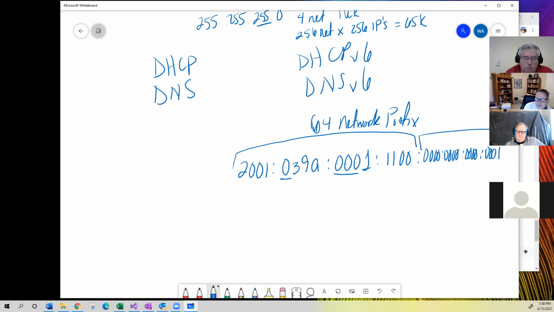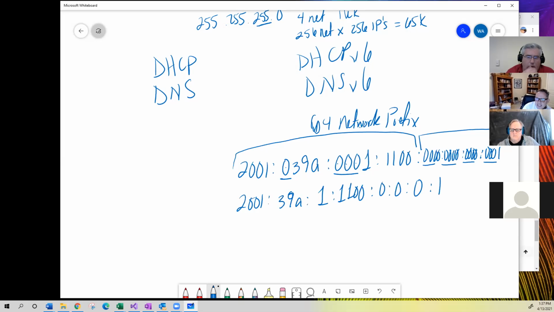But anything that starts with a 0 can be removed. So you can remove these 3, these 3, these 3, and these 3. So now the number becomes 2001, 39A1, 1100, and then 0, 0, 0, and then 1. So it's getting smaller, a little more manageable. So remove leading zeros is one of the rules.